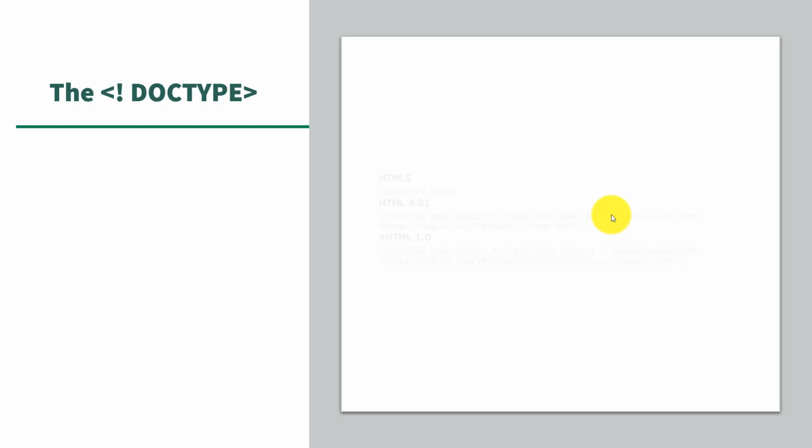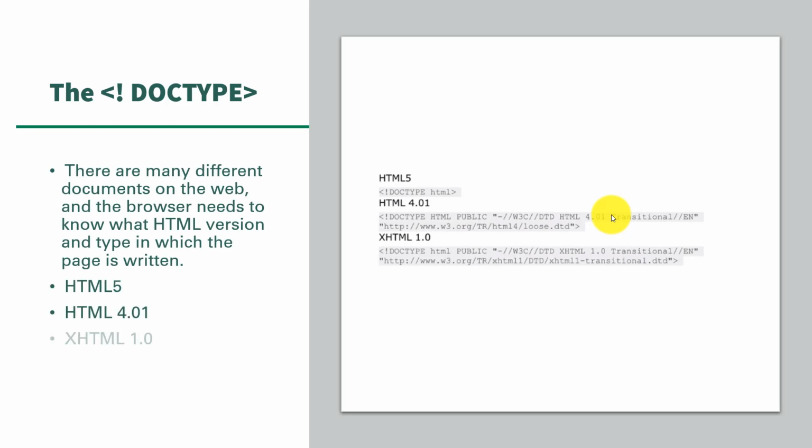Now let's talk about the doc type declaration. I mentioned HTML has gone through different versions right from when it started in the 90s. So you have HTML5, HTML 4.01, there was even XHTML, but we're now in HTML5.